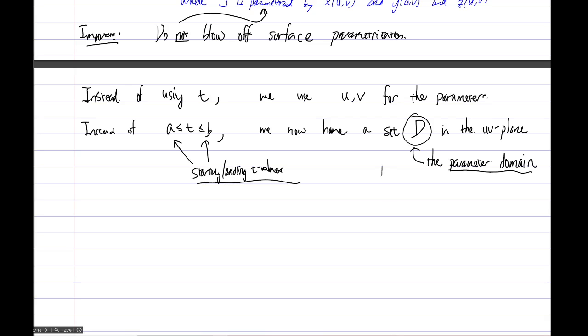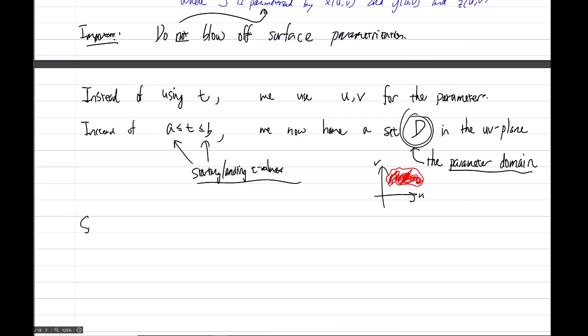But now that u and v are in a two-dimensional space, maybe your D is wacky enough to look like that, right? So in two-dimensional space, there's just lots more ways you can move around. So we can't just expect u and v to always be bound by constants.